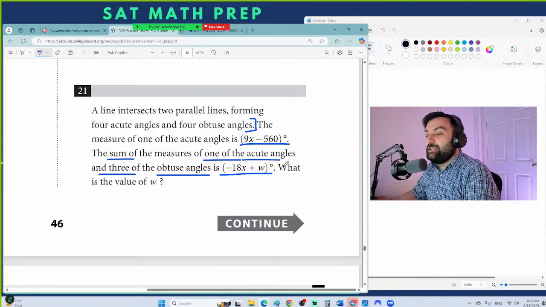In order to find a variable, we often need to create an equation. Once we can create an equation, we'll be able to set one side equal to the other and find what we're looking for.